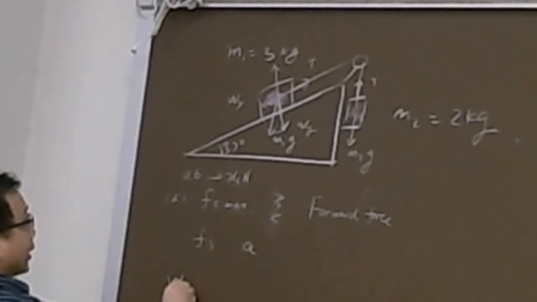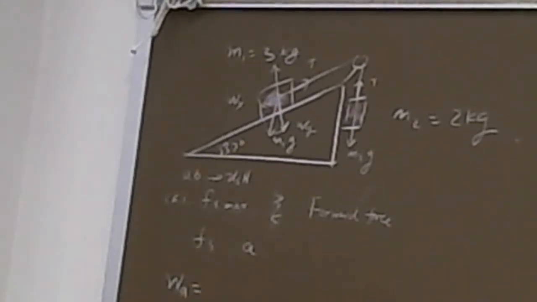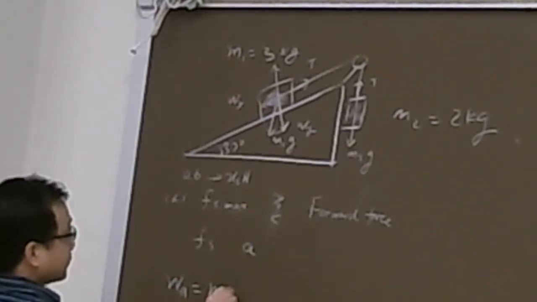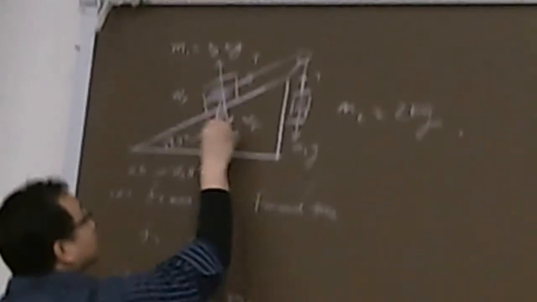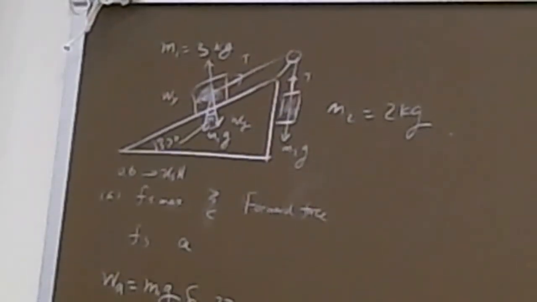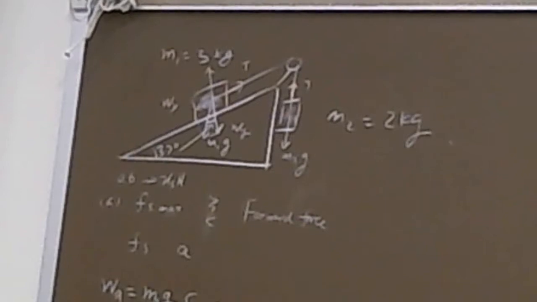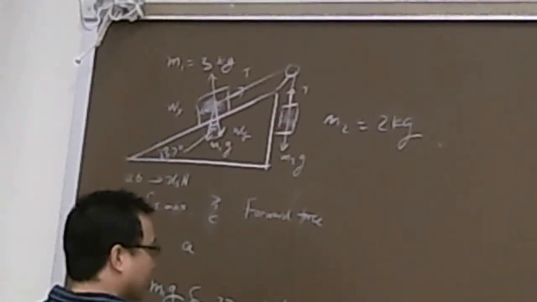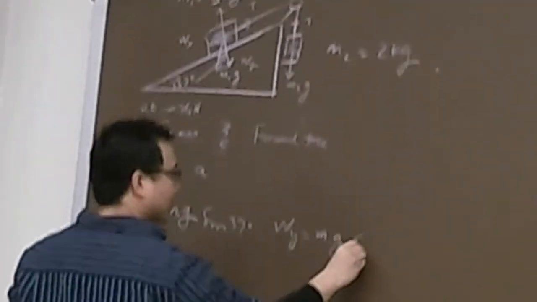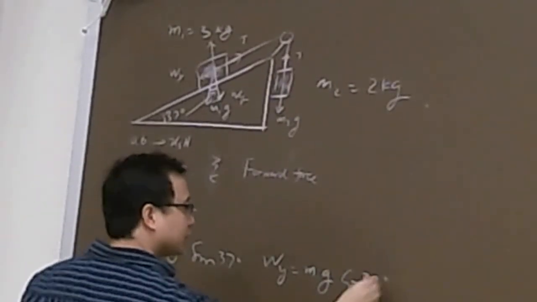Wx should be m1g, the weight, multiplied by sine 37. This is also 37. So Wy should be m1g multiplied by cosine 37 degrees.